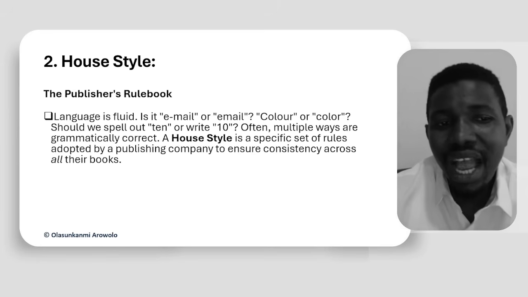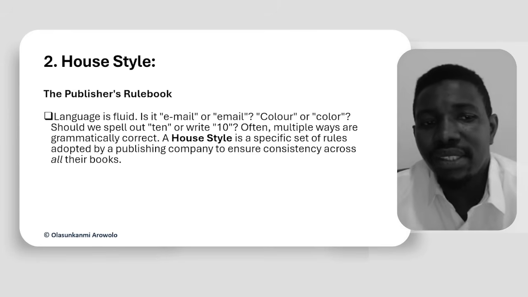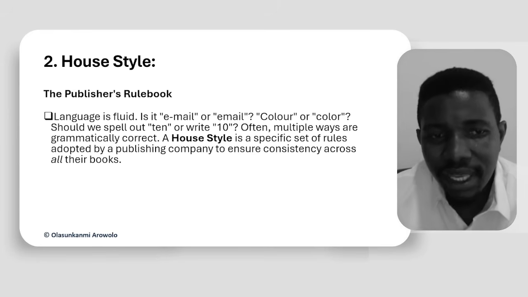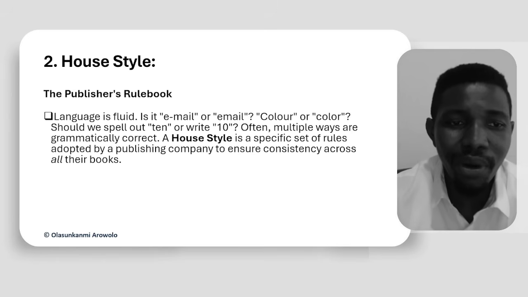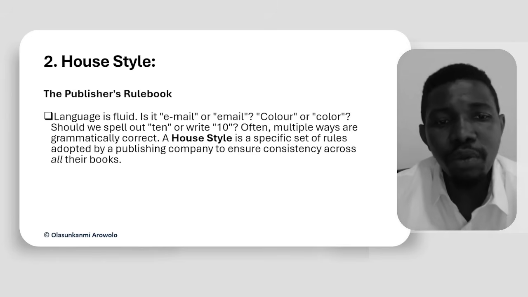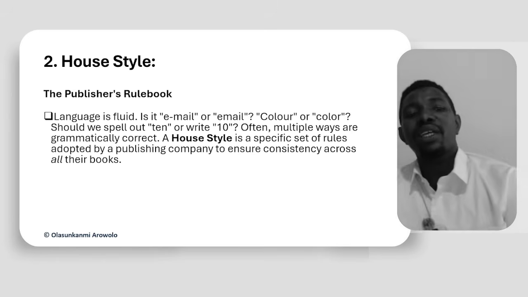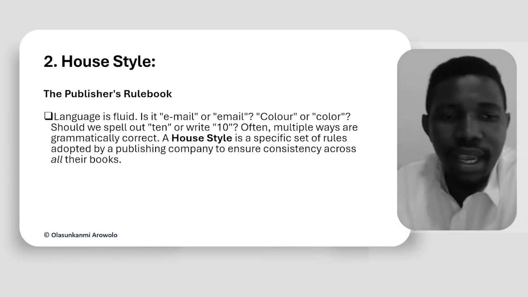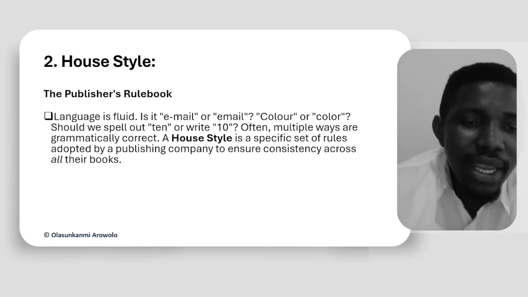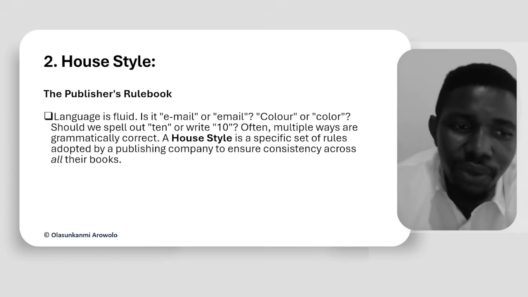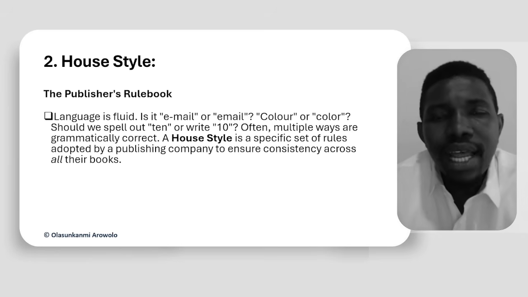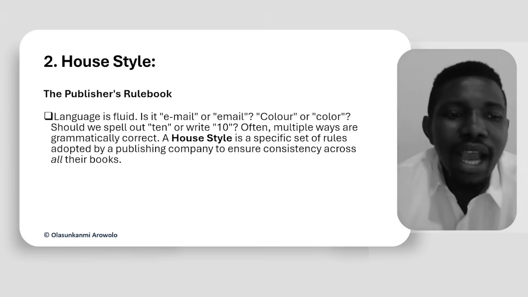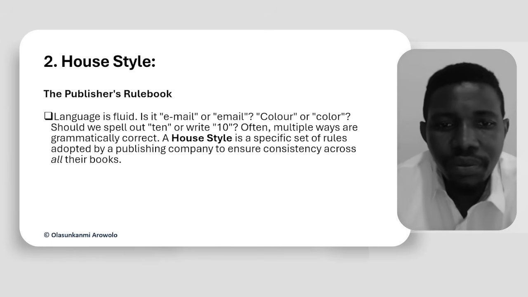Should we spell it out as ten or write it as 10? These are concerns that are treated by the house style or house guide. Often multiple grammatically correct ways exist, but a house style specifies the set of rules adopted by a publishing company to ensure that there is consistency across all of their books.